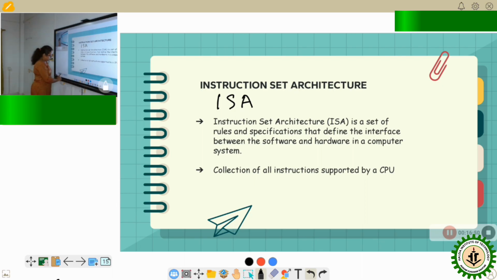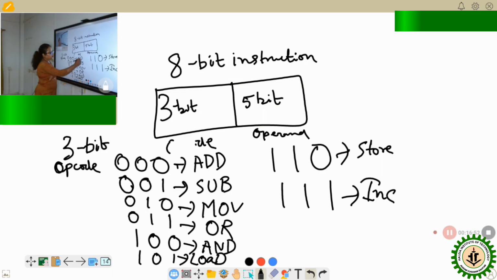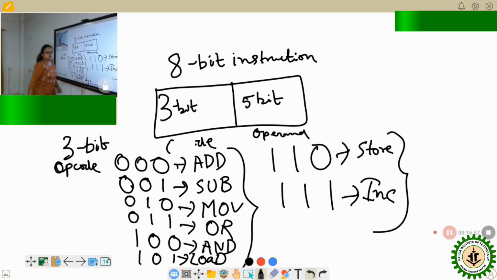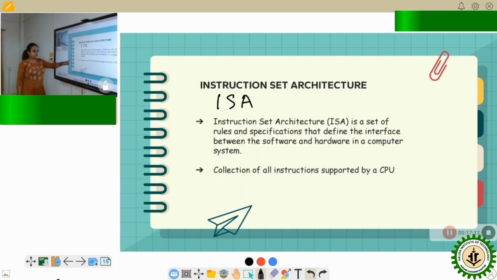So the collection of all instructions that are supported by a CPU, that is only the ISA.